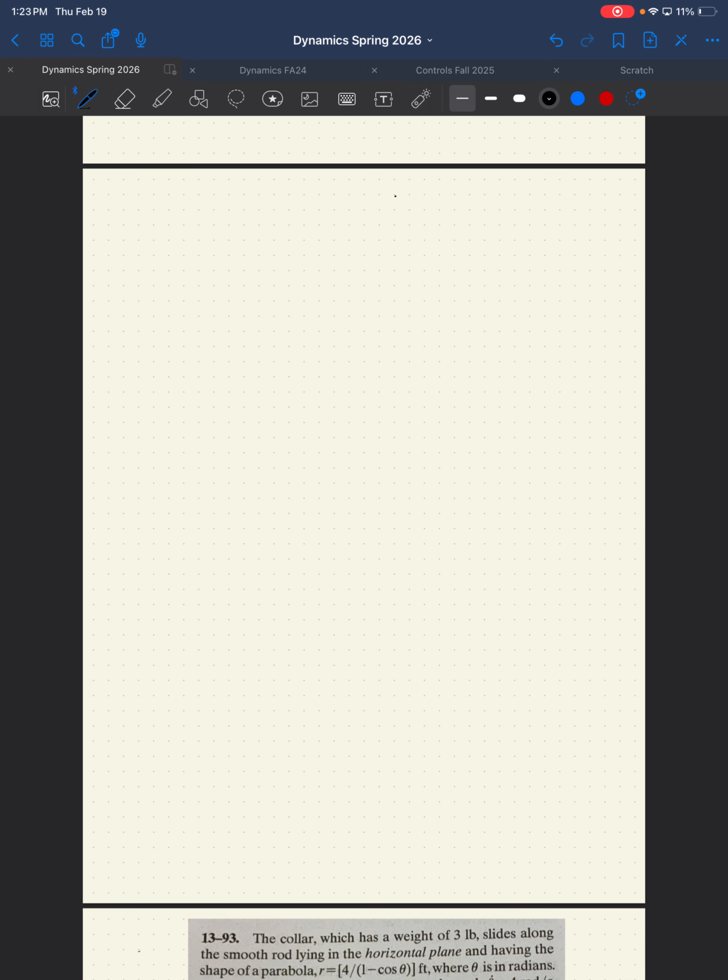This is clockwise, this is counterclockwise, from u hat r to u hat t. Counterclockwise from u hat r to u hat t. This here is psi.